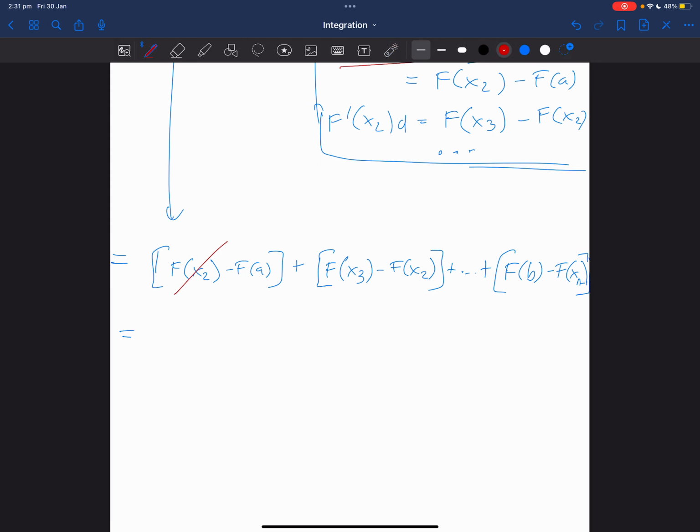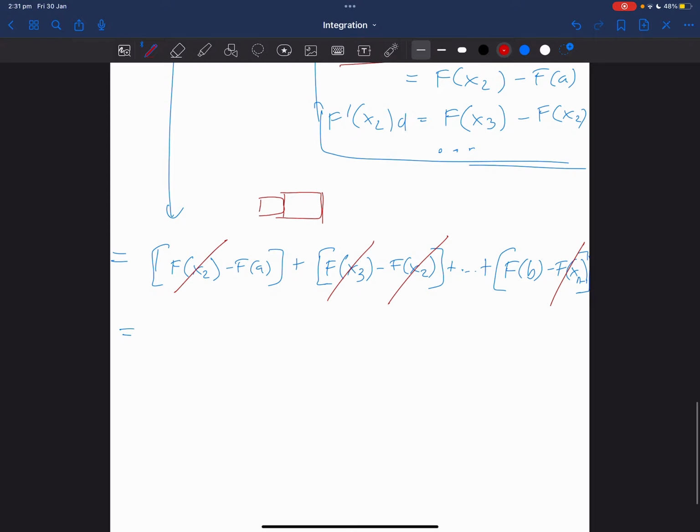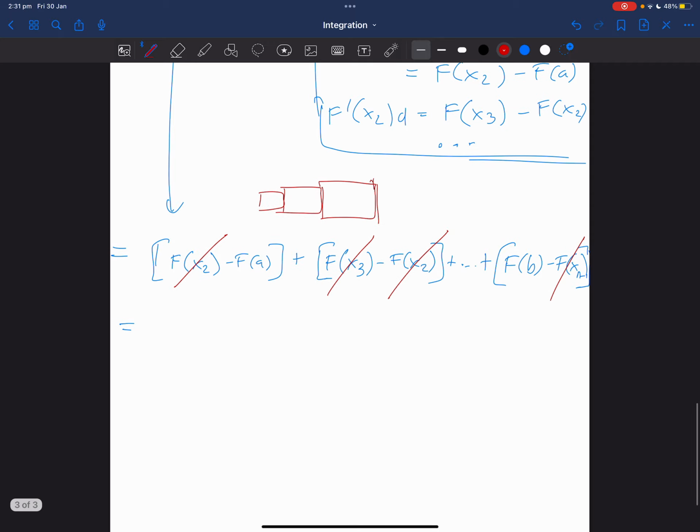All of these terms end up cancelling, including the f of x(n minus 1) term, and you're just left with the starting term and the ending term. That's why it's like a telescope: it expands, and when you collapse it in, you just have the first and last term.